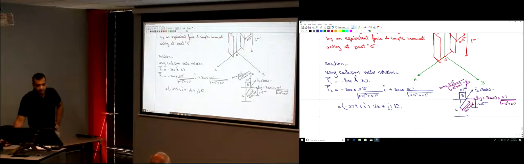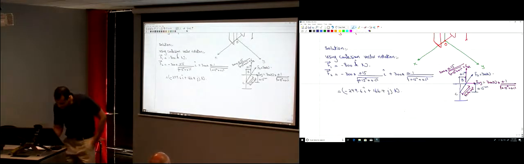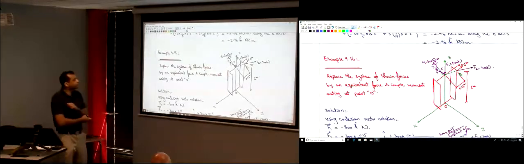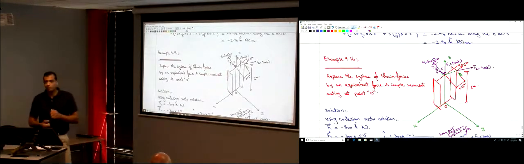So now I have F1 in Cartesian vector notation, F2 in Cartesian vector notation. Let's write M. I had a moment here, right, of 500 Newton meters. I want to write it in Cartesian vector notation. How to write M in Cartesian vector notation?